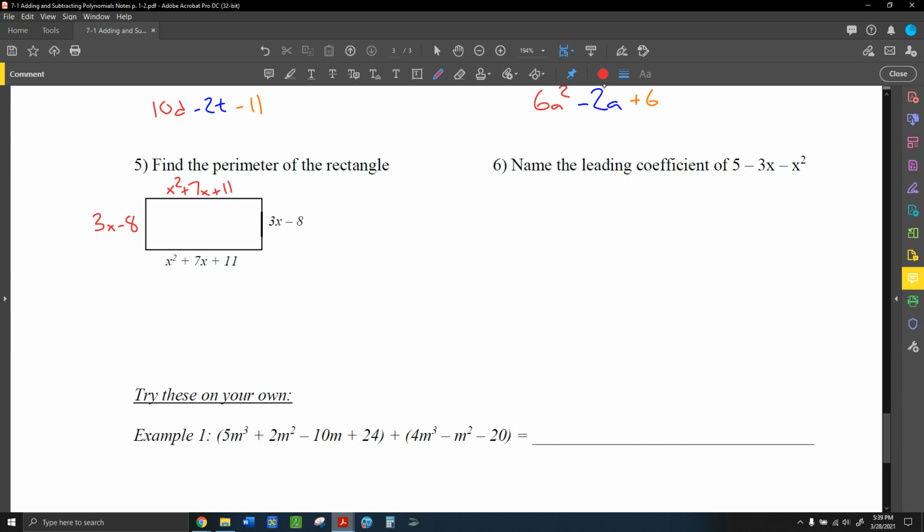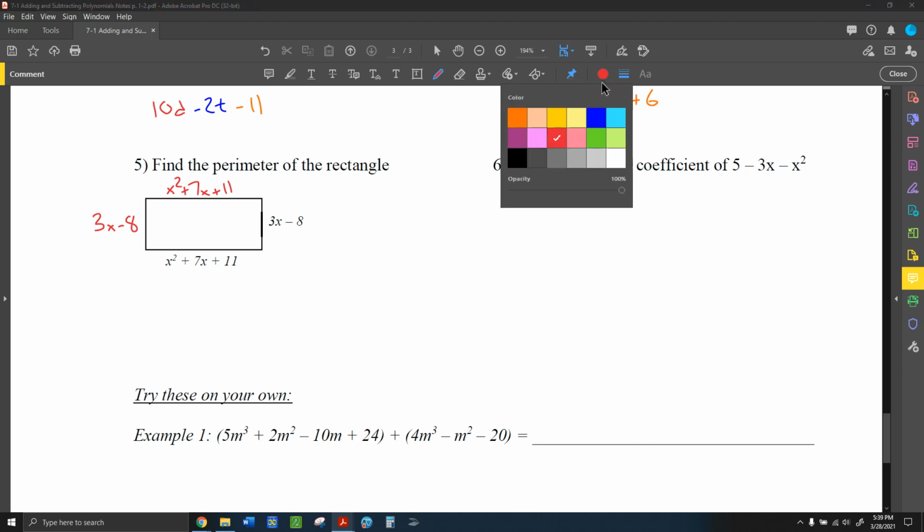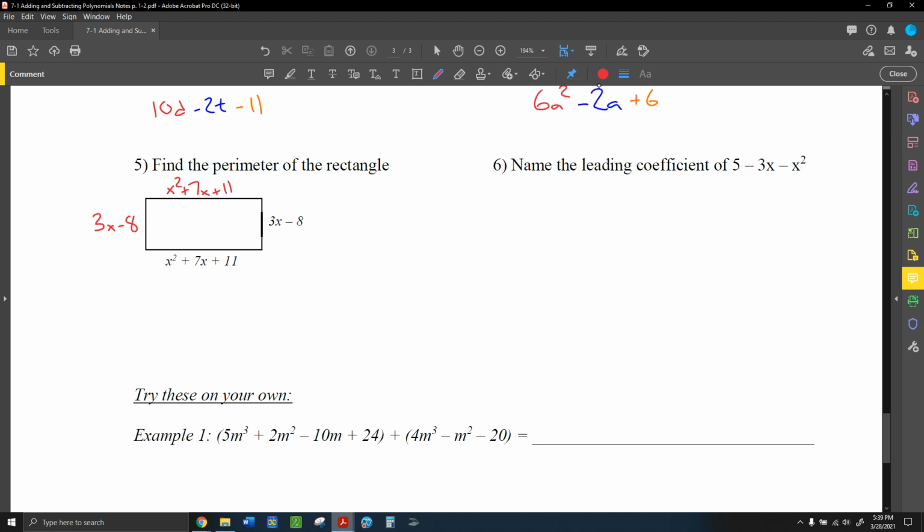Okay, so now we're going to add up all the sides. So it's the sum of all of the side lengths. So adding up the sides, we'll start by identifying some of these like terms. I see we've got an x squared and an x squared. Adding those up, we get 2x squared. Looking at our x terms, I see we've got a 7x, 7x, 3x, and 3x.